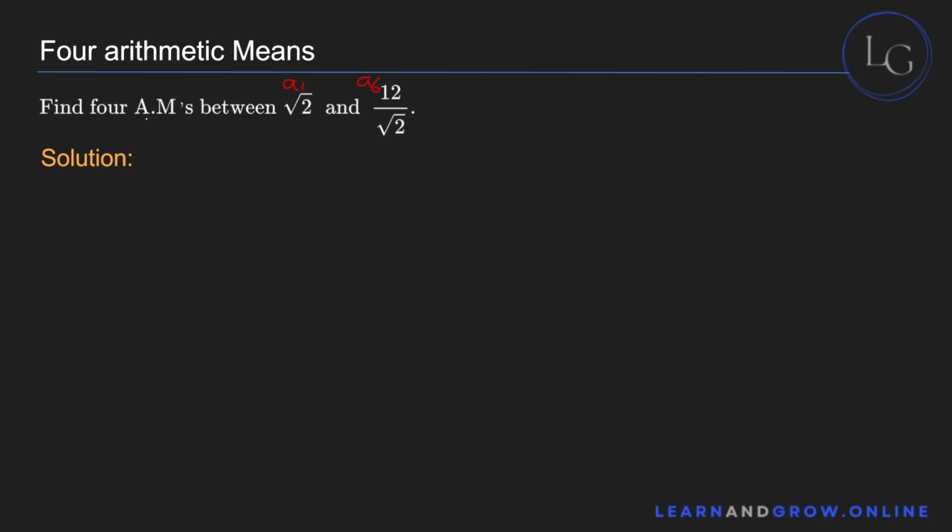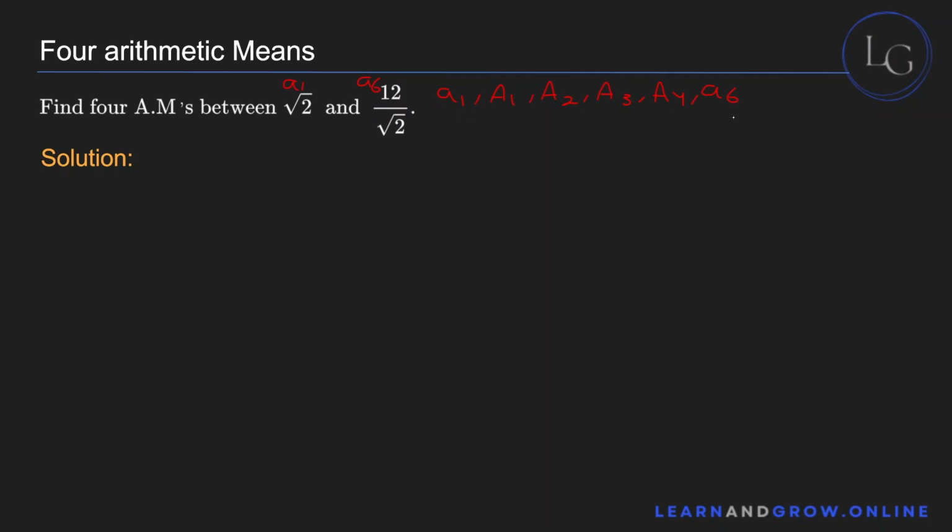If we need to find 4 arithmetic means, the first arithmetic mean will become capital A1, second will be capital A2, A3, and A4. We have to find these 4 terms, and after that we get a6, which is 12 over under root 2.